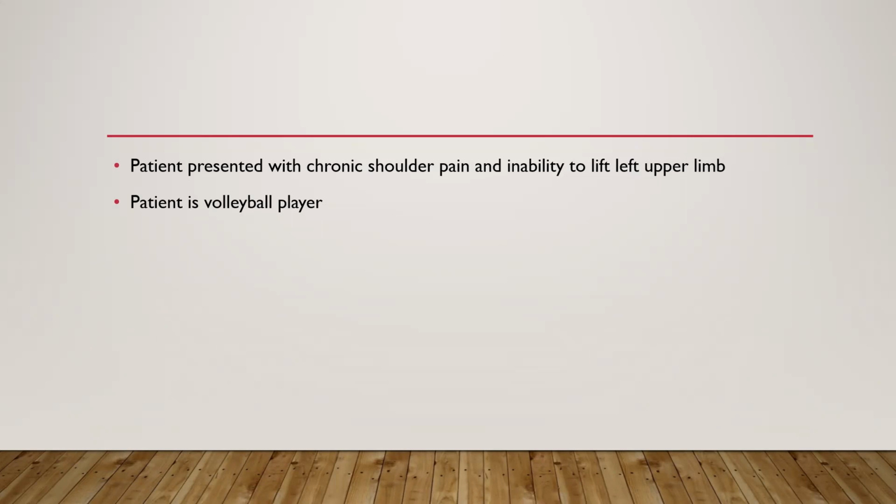Infraspinatus is checked by external rotation at the shoulder. Then we come to the upper trunk; supraspinatus and infraspinatus are involved in the upper trunk.